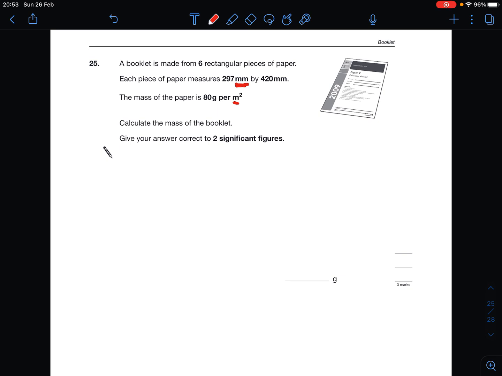So what I need to either do is I need to turn meters squared into millimeters squared, or I need to turn these millimeters into meters. I think it's probably easier to turn millimeters into meters than meters squared into millimeters squared. And how I do that, 297 millimeters is equal to, I'm going to divide it by 1000.